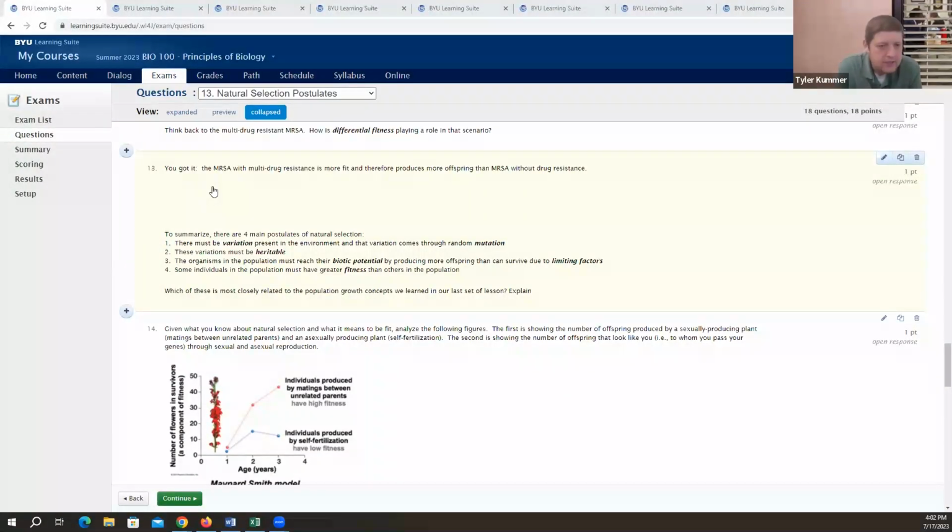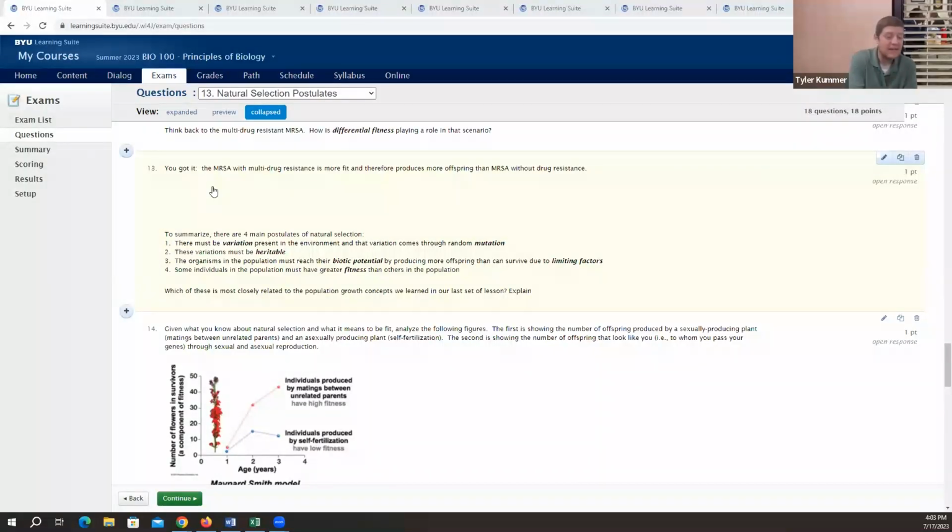Our second postulate of natural selection is heritability. So there has to be differences in the population, and those differences must be able to be passed on to the next generation. If that's not the case, we don't get natural selection.